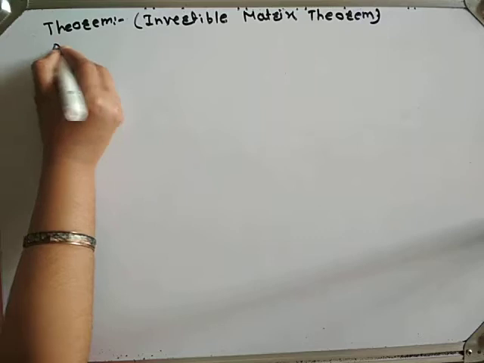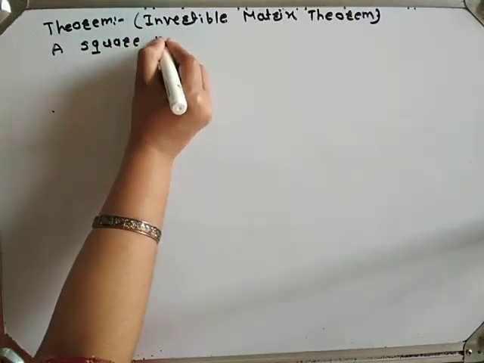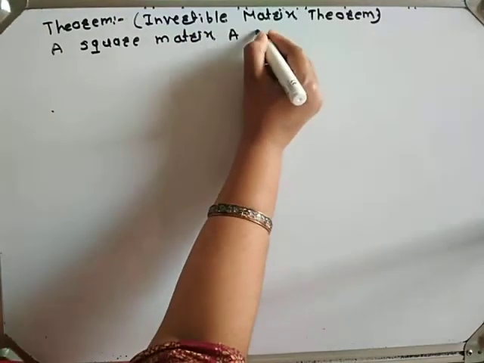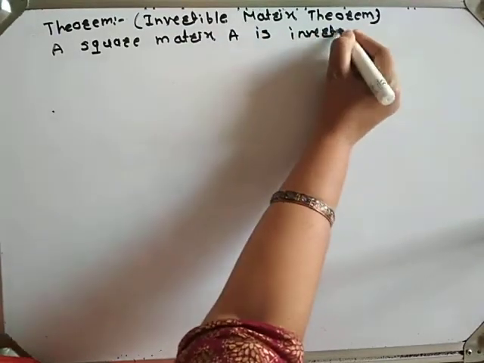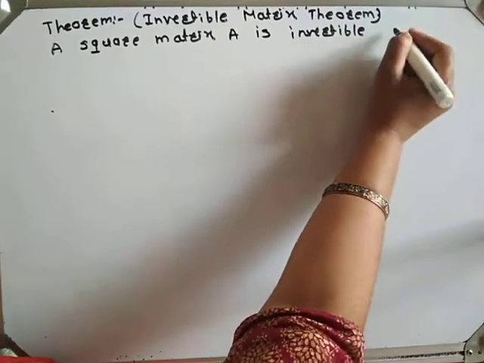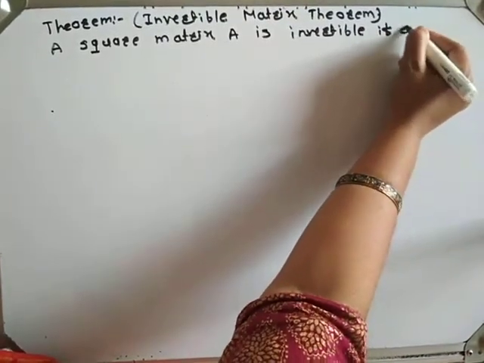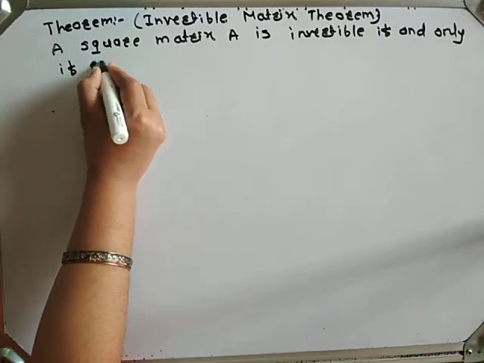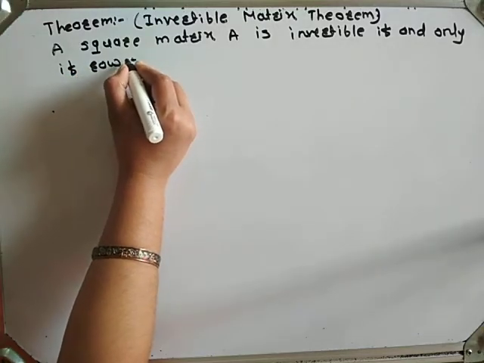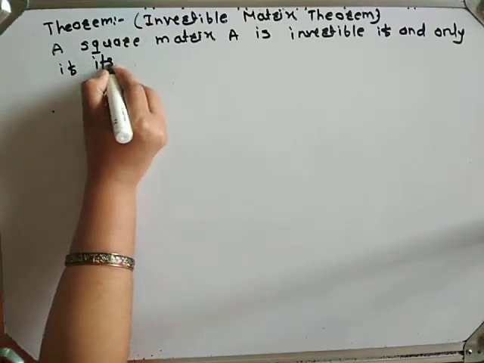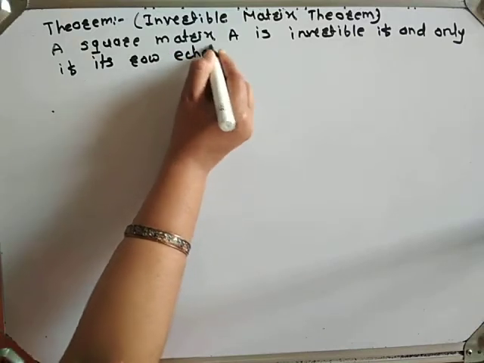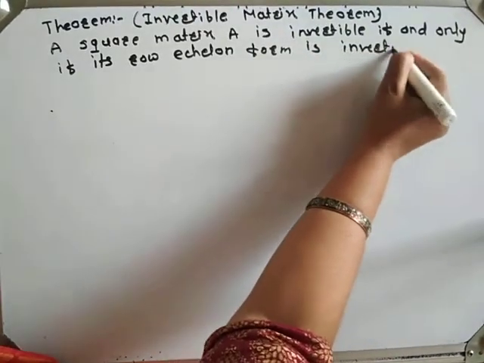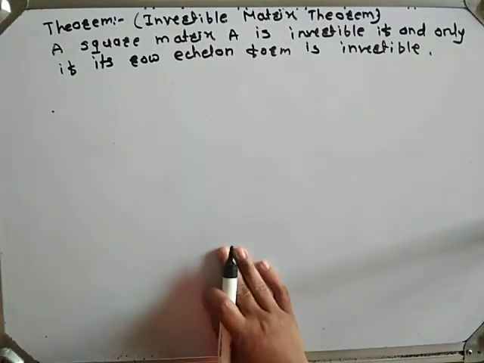A square matrix A is invertible if and only if its row echelon form is invertible.